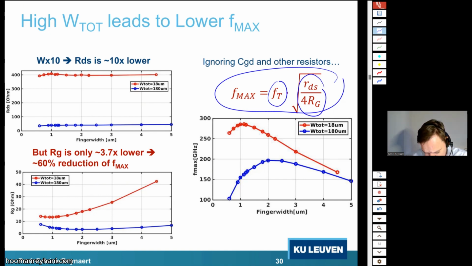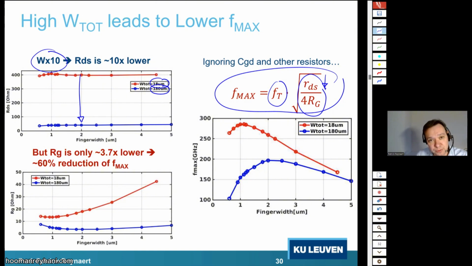How does the output resistance change? How does the gate resistance change? If you make your transistor 10 times larger, going from 18 micrometer to 180 micrometer, then yes, you do see a reduction of RDS by a factor 10. That's good.